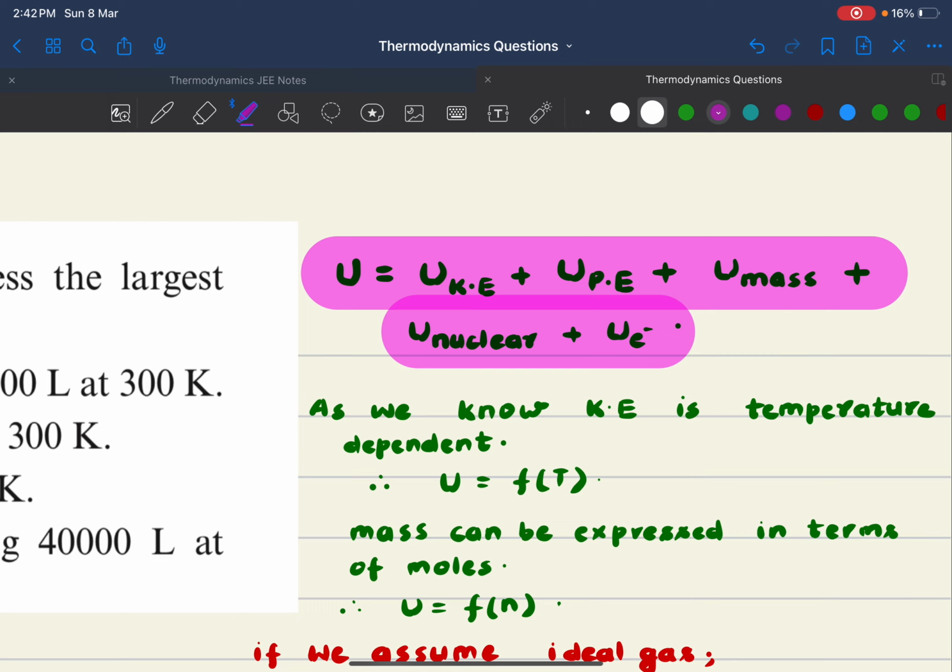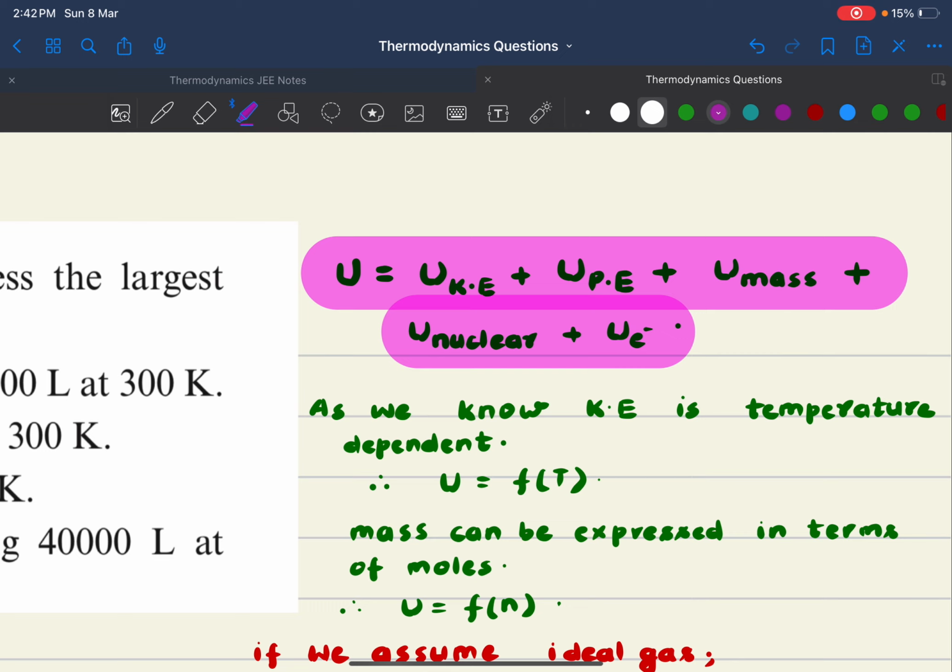And the particles will have attraction, or intermolecular forces, and that will lead to the potential energy, because they will have some gap or distance between the particles. Such energy is called potential energy. Obviously the particles will have mass, the protons, neutrons will have the mass, and that's why the energy will be called mass energy. You can relate it with the Einstein equation, E is equal to mc square.